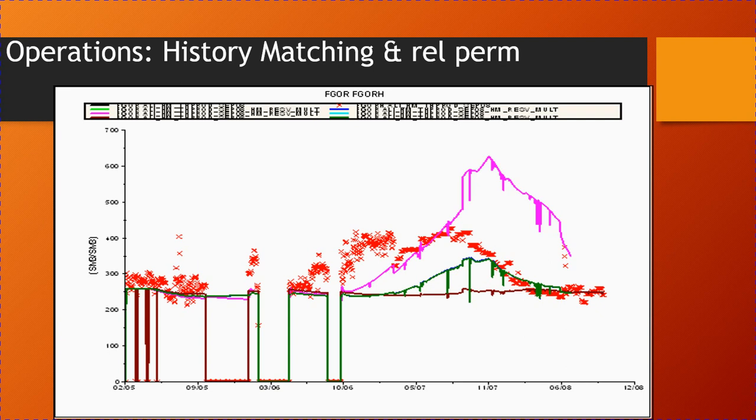So our tool intervenes at all the stages of the value chain and largely in operations. For example, for the production level, the productivity, the kinetics. And of course, having the rel perm right is important, but you will still multiply it to get the absolute permeability, and the magnitude of the permeability also comes into account when you try to match this plot, and our uncertainty tool can help you refine this history matching.